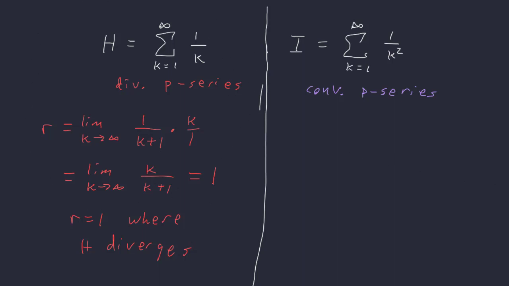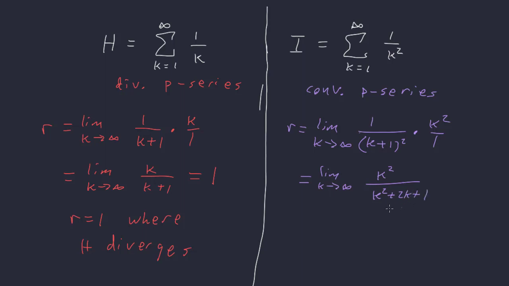However, if we do the same thing here with our convergent p-series, we'll get the limit as k goes to infinity of 1 over k plus 1 all squared times the reciprocal k over 1, or k squared over 1, excuse me, which is the limit as k goes to infinity of k squared over k squared plus 2k plus 1.